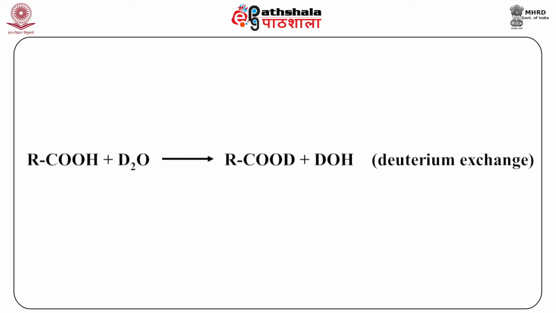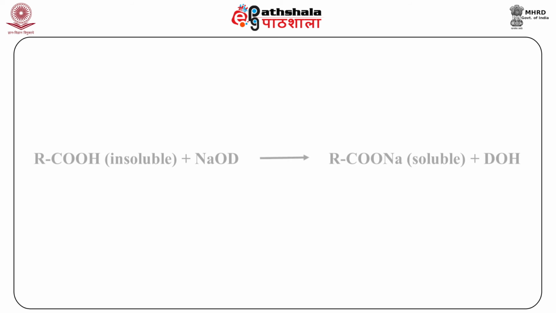This exchange reaction is shown here. Carboxylic acids are often insoluble in CDCl3, and hence their spectra are determined in D2O, to which a small amount of sodium metal is added.